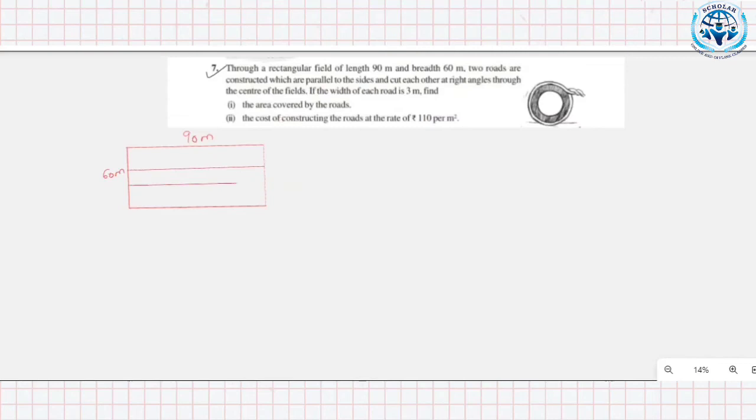Similar problem again. It is a rectangular field of 90 meter and 60 meter. Measurements: 3 meter wide roads are constructed through this field.